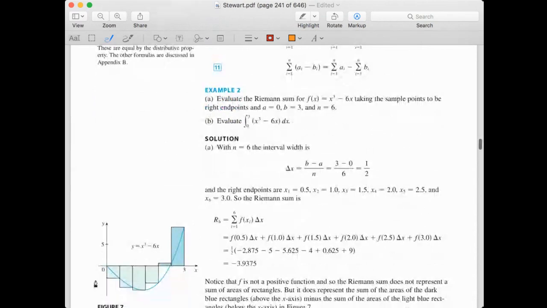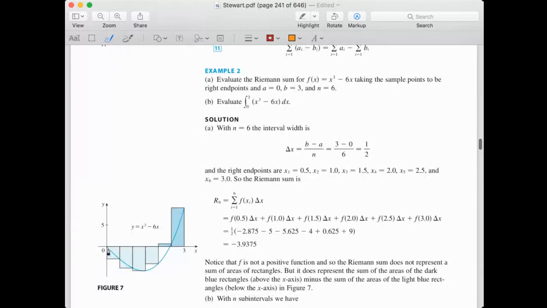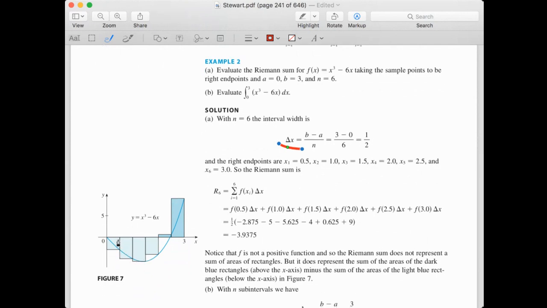So this is the function, and we cut it into 6 pieces: 1, 2, 3, 4, 5, 6. The width of each rectangle, with the notation delta x, is one half. So all we have to do is find the function value at the right point.